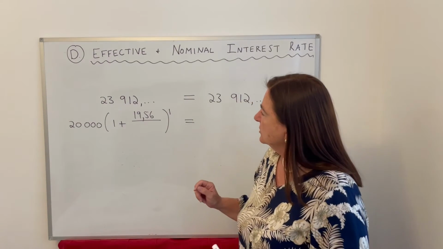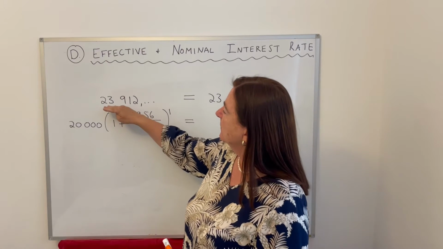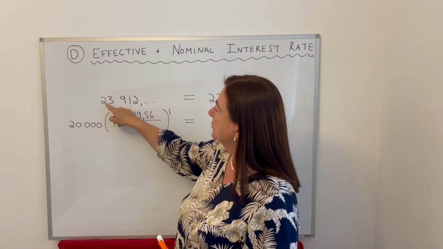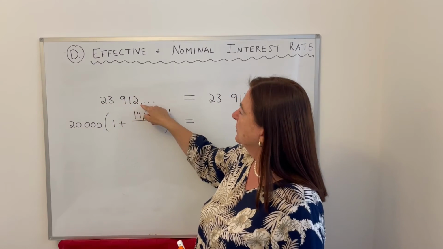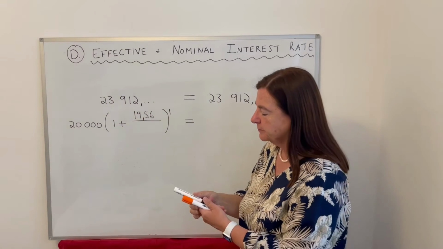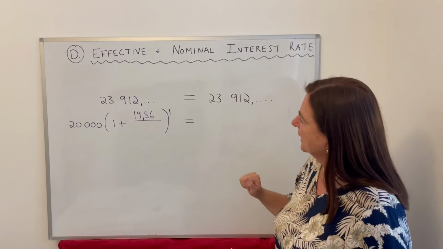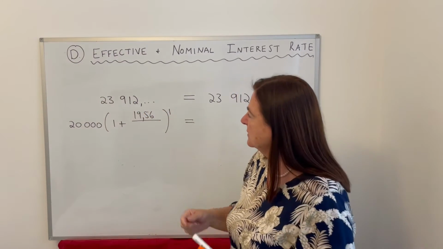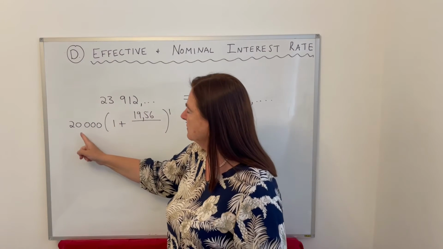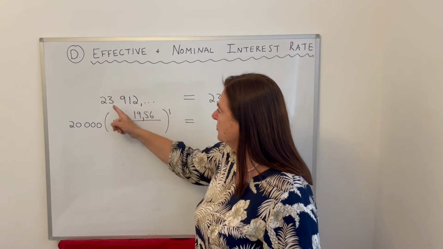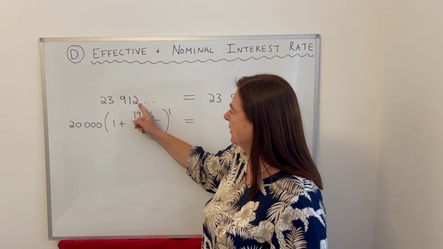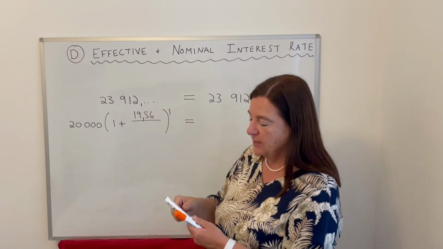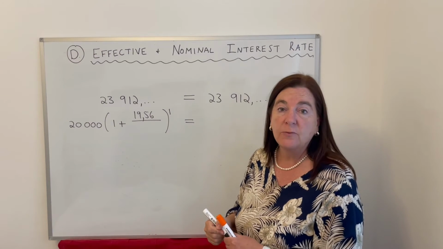Now with the example I was using, we ended up with the amount of 20,000 after 1 year growing to 23,912 Rand and a couple of cents. Now what I want to look at is this would be the effective interest, because in this particular case I invested 20,000 Rand and it grew to 23,912 Rand over 1 year, compounded annually, and my interest rate I worked out was 19.56%.